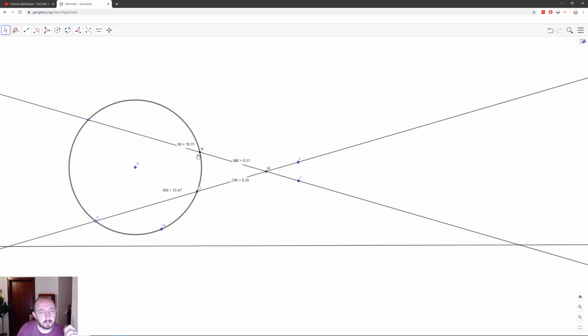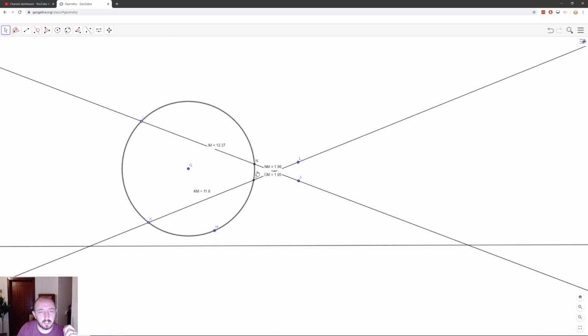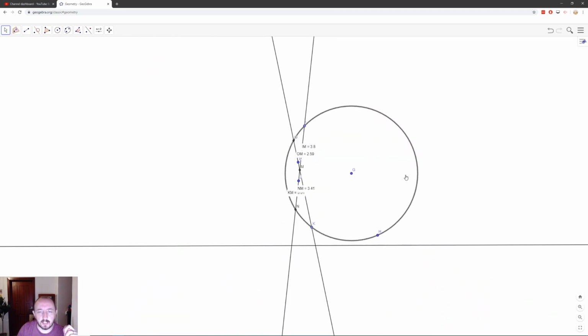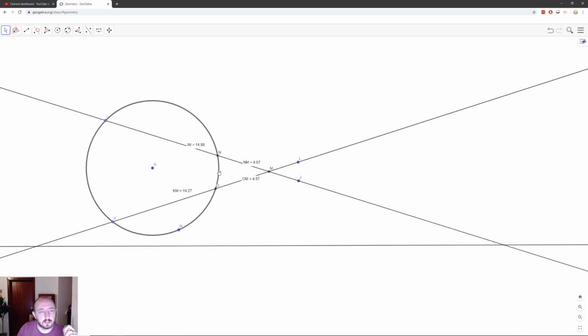So I to M times M to N is equal to K to M times O to M. All I've done is just moved them outside, and you can see that it's the same formula. It just looks slightly different, but that has now gone on the outside.